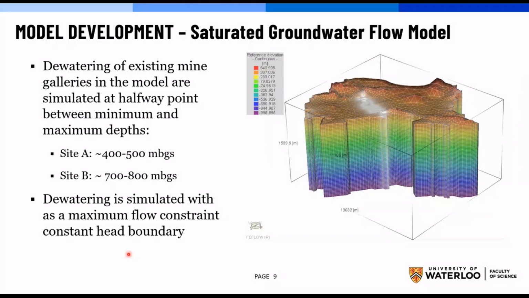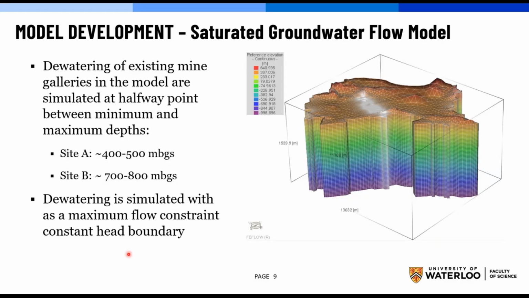Now, taking a look at the anthropogenic part, the location of the existing galleries was something that Adam got information about, so he was able to bring that into the modeling domain and represent that. In addition, when we're thinking about dewatering, again, this isn't supporting an application for dewatering efforts. If that was the case, you'd want to optimize the location of your pumping wells, their capacity. In this case, we were just looking at one example.